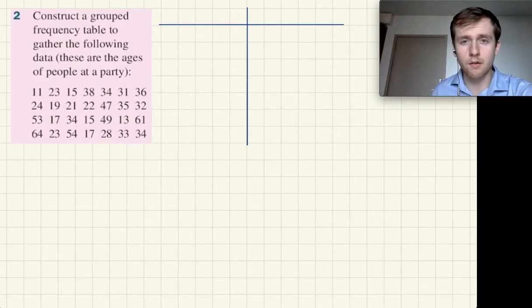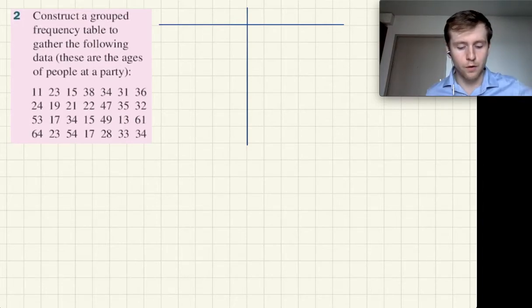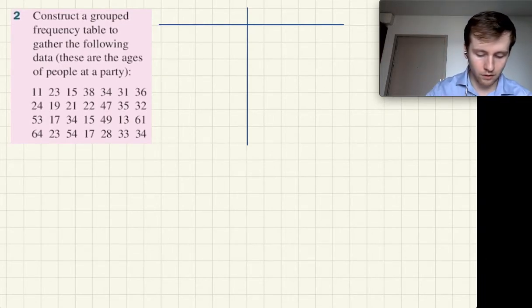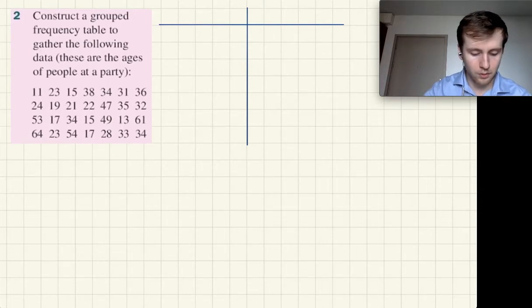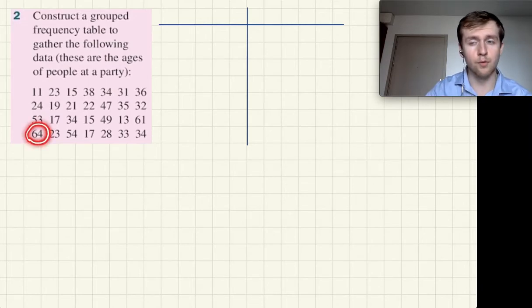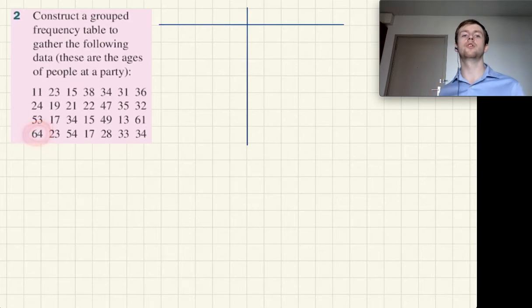And we have to figure out what kind of groups we are going to have. So these are the ages of people at a party, and the youngest person we can see in this group is 11 years old, and the oldest I think is 64 years old.